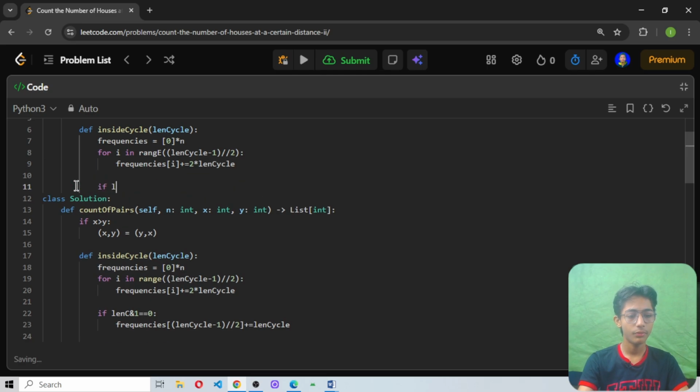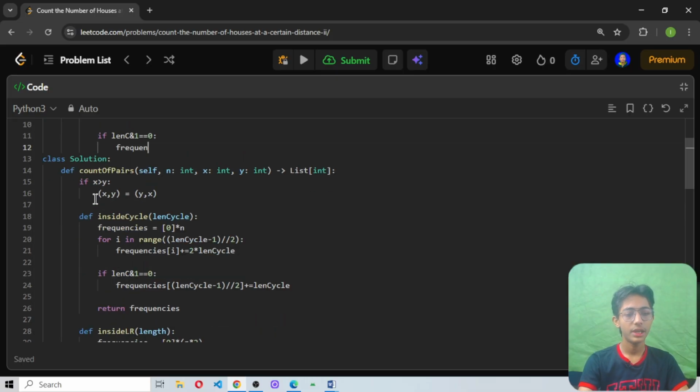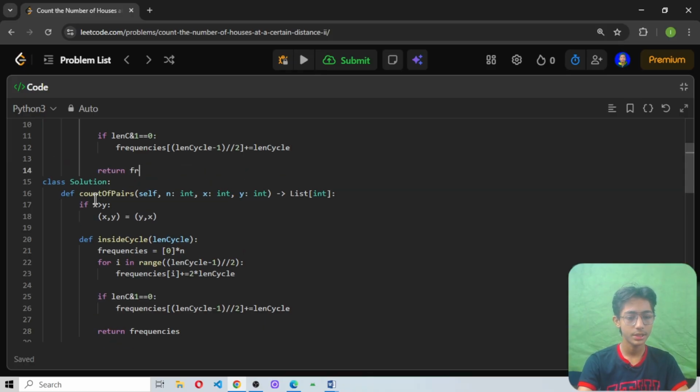Enter back. If length cycle is odd, then we add 1, sorry, equals to 0. Then frequencies, and then we define length cycle minus 1 divided by 2, plus equals to length cycle. Enter back, return frequencies.